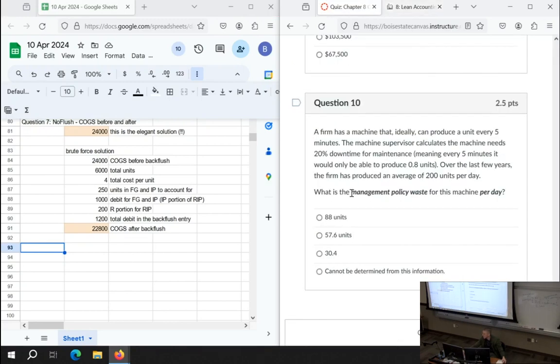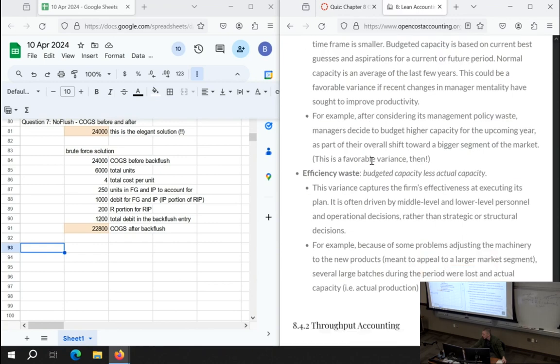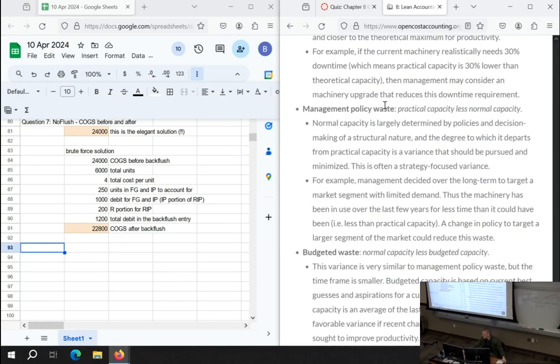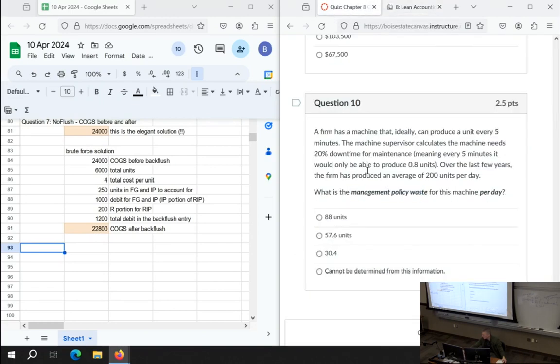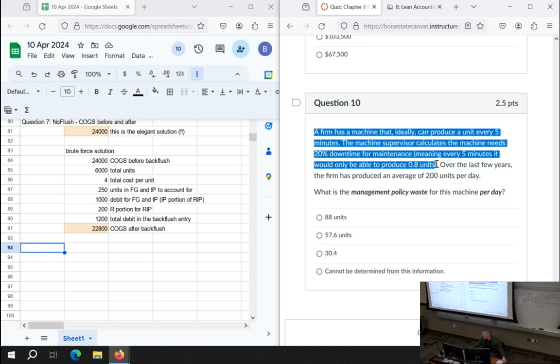So first of all, I want to make sure I know management policy waste for this machine on a per day basis. Okay, management policy waste, how is that defined? Management policy waste is the difference between practical capacity and normal capacity. All right? So do we have practical capacity? I think we can with these 2 sentences right here. We can calculate practical capacity per day.